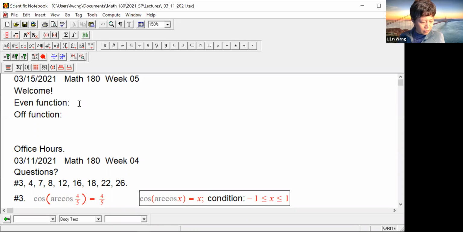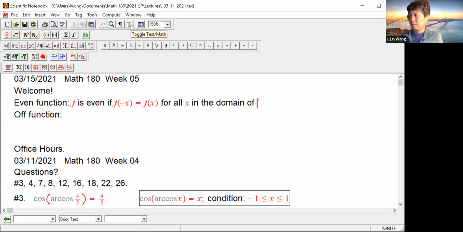Even function is such that f is even if f of negative x equals f of x, for all x in the domain of f.